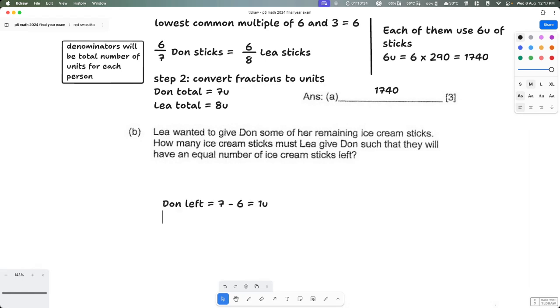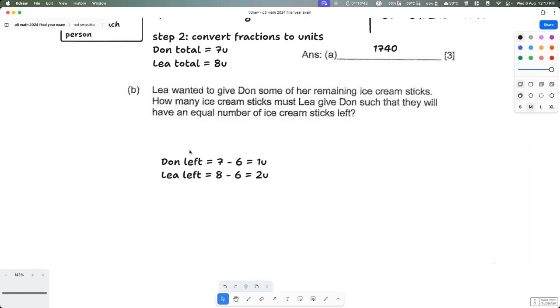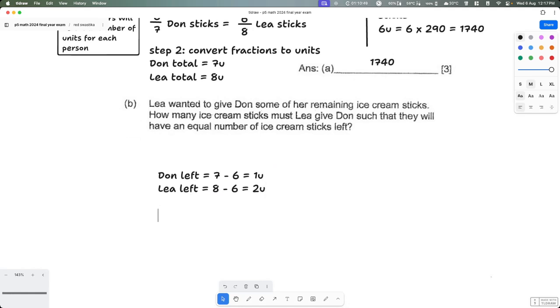Then Leah left 8 minus 6 will be 2 units. Okay, so we know that Dawn is 1 unit left and Leah is left with 2 units. So total left is equal to 3 units.